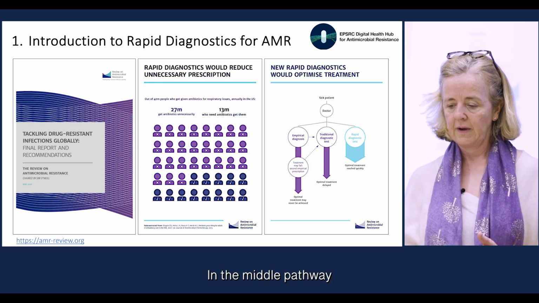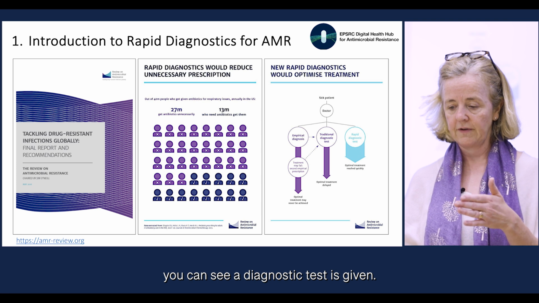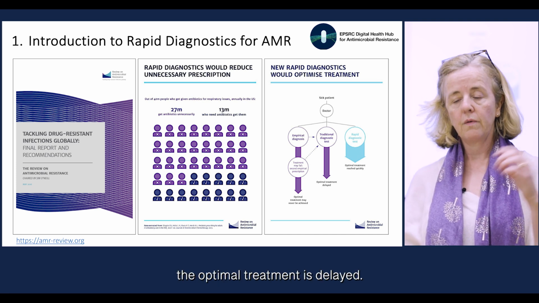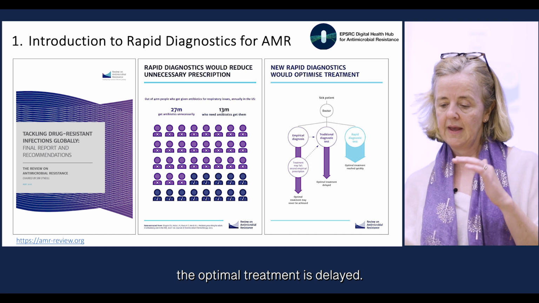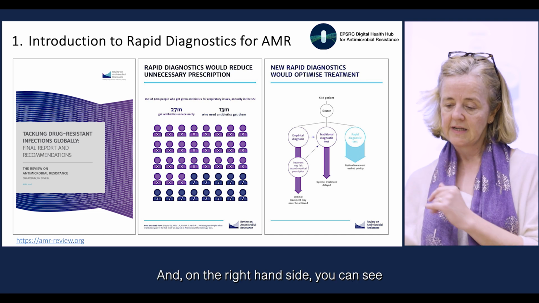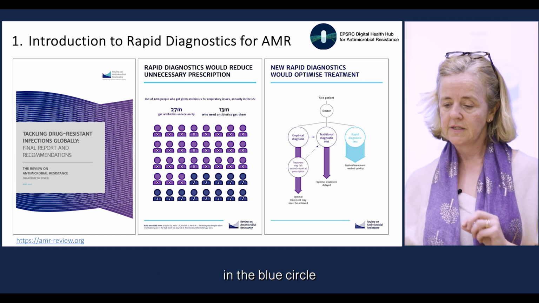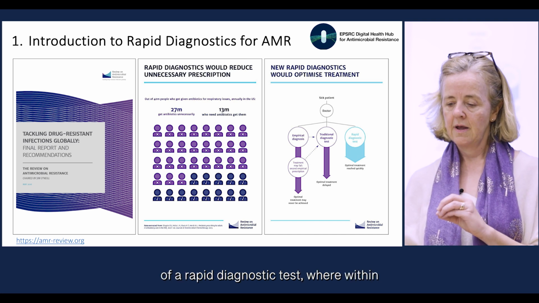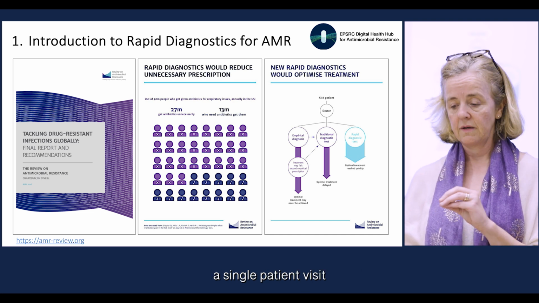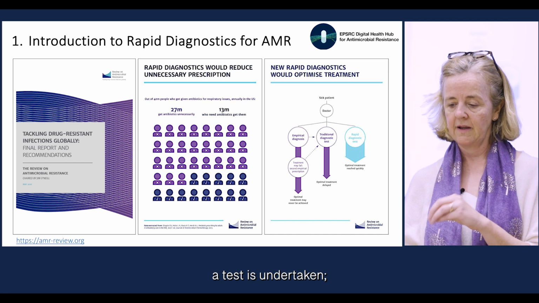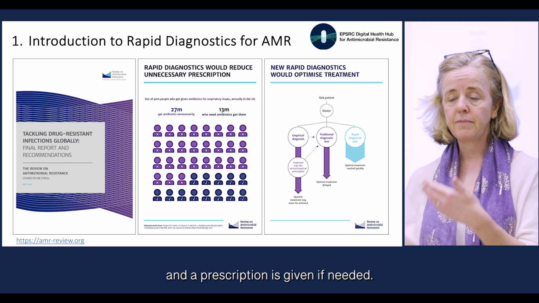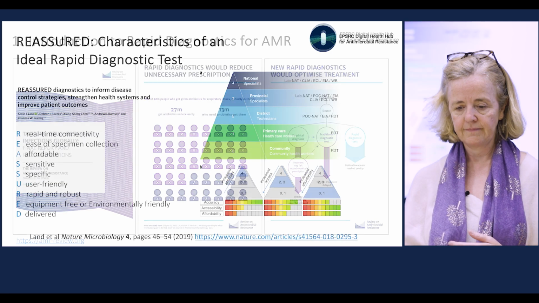In the middle pathway, you can see a diagnostic test is given, but if you have to send the sample off to a central lab, the optimal treatment is delayed. And on the right-hand side, you can see in the blue circle, the ideal positioning of a rapid diagnostic test, where within a single patient visit, a test is undertaken, the result is given back to the doctor and the patient, and a prescription is given if needed.